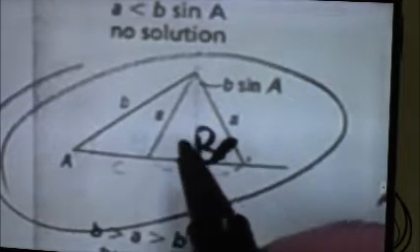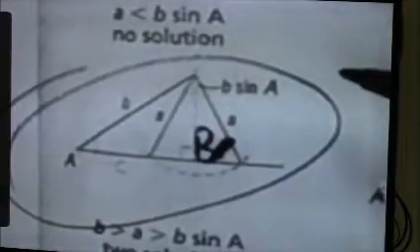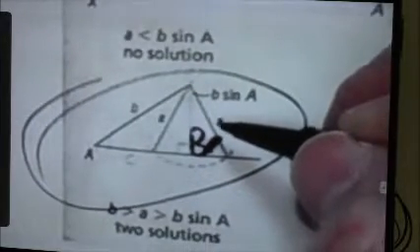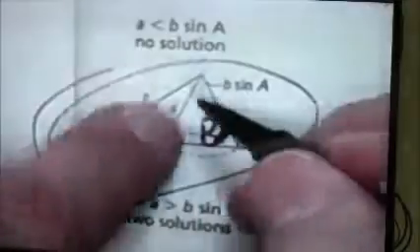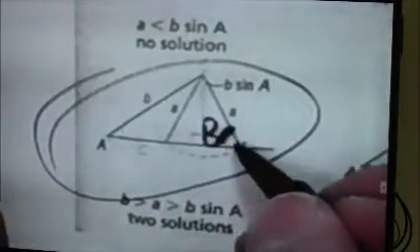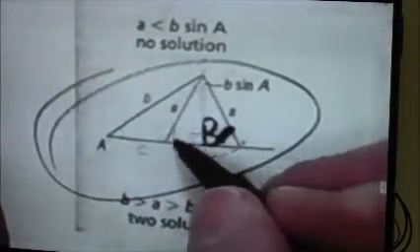That B and this B are exactly the same because this is length A. Can't see it because the zoom doesn't work so well on it. Let's come down and see. That's supposed to be a little A here, side length A and side length A. Since you have side length A and A, you have an isosceles triangle. If it's an isosceles triangle, then these two angles are the same, so this one is also B.